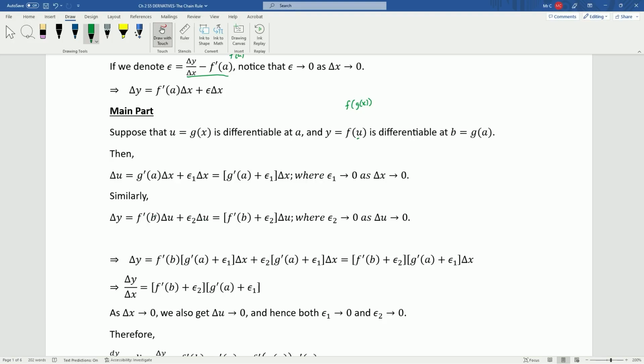Again, we're just applying this definition. Remember, u equals g of x, that's why delta u has g in place here. When we factor the delta u out, we get f prime b plus epsilon 2, all times delta u, where epsilon 2 goes to 0 as delta u goes to 0.